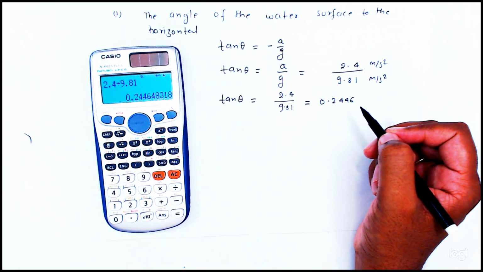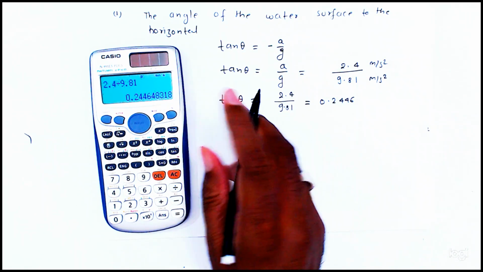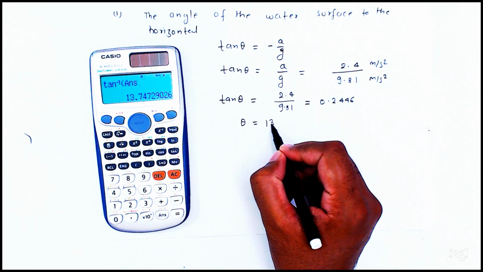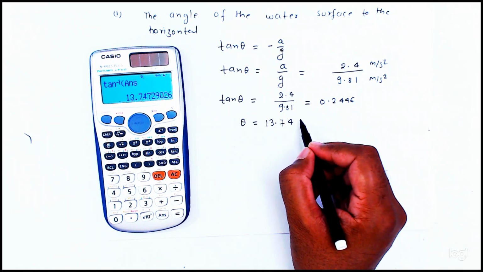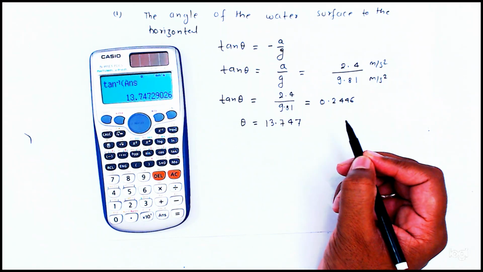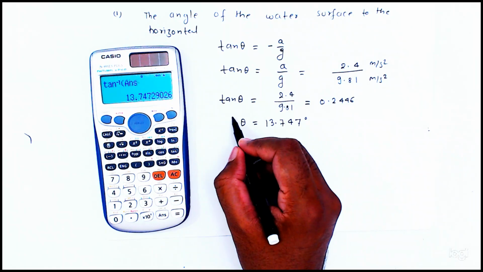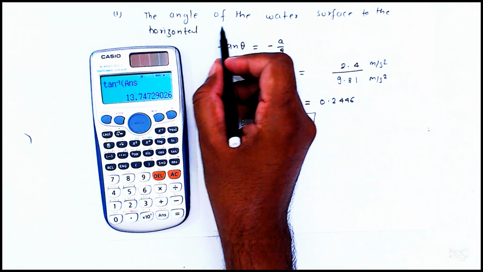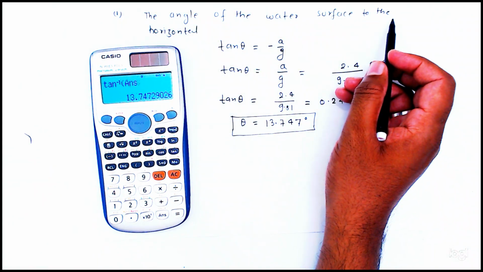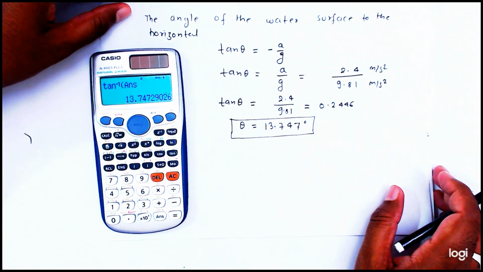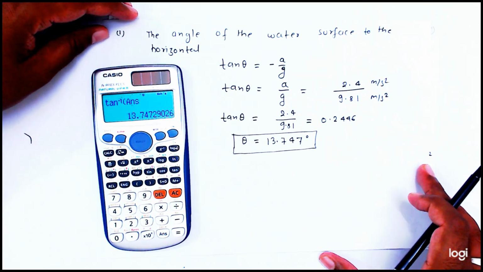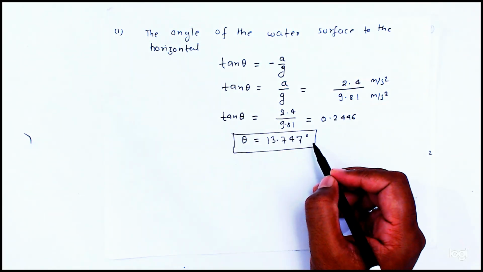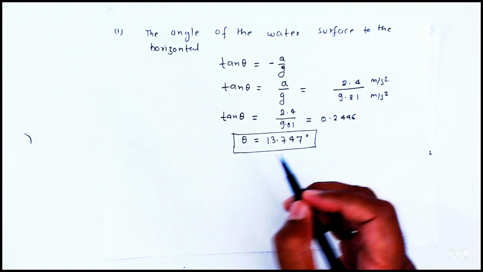Okay friends, so this theta value is equal to tan inverse of this value, so it will come 13.747 degree. So the first point is clear: the angle of the water surface to the horizontal is 13.747 degree.